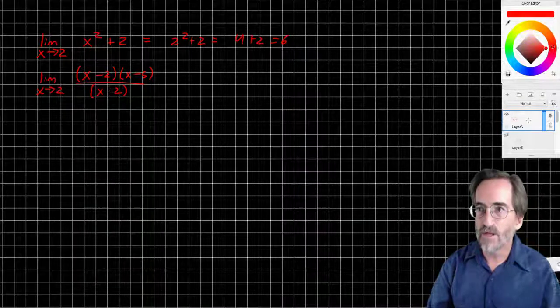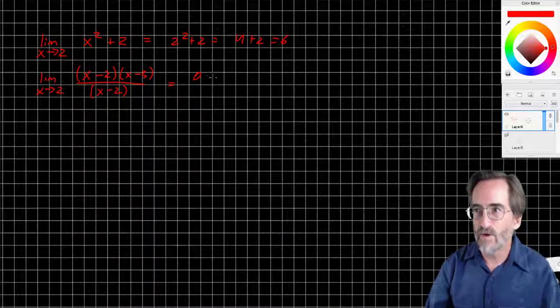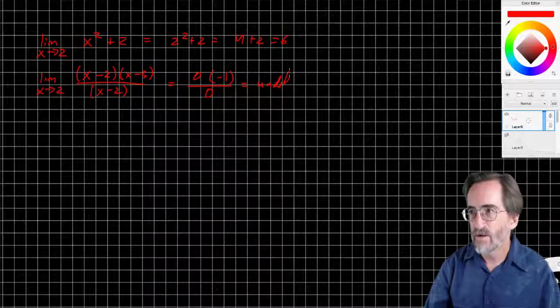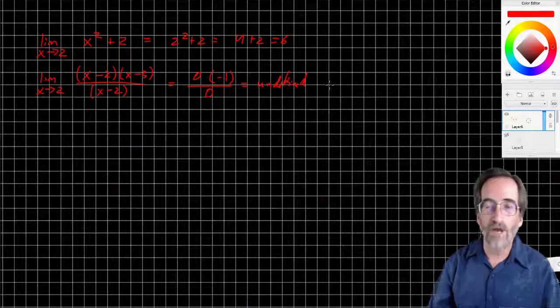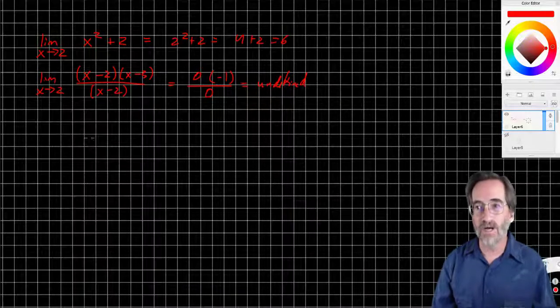You plug in 2 and you get 0 in the denominator, and in the numerator 2 minus 3 is negative 1, divided by 0, which is undefined. But the limit is not undefined. The limit actually does exist.